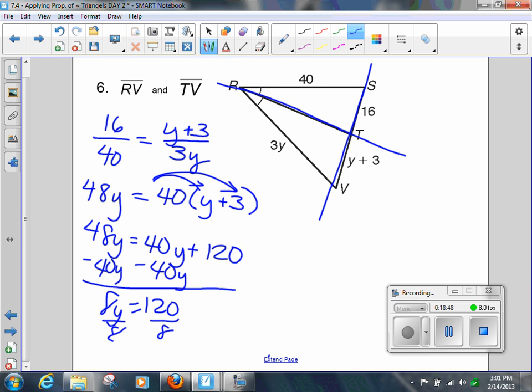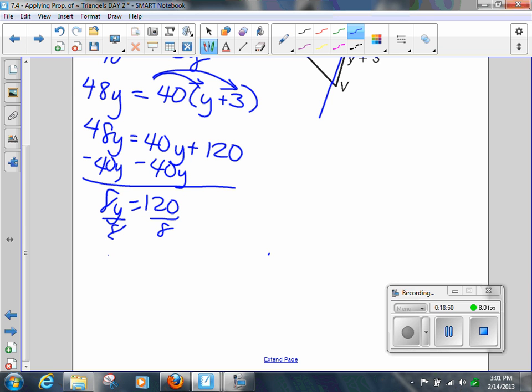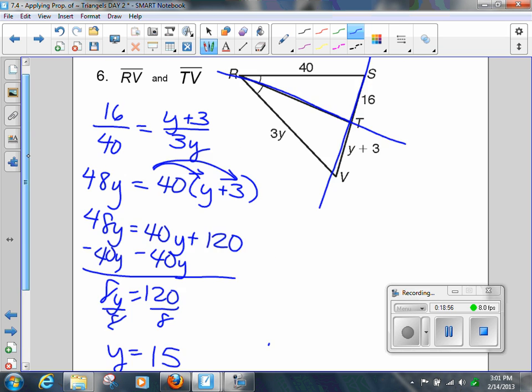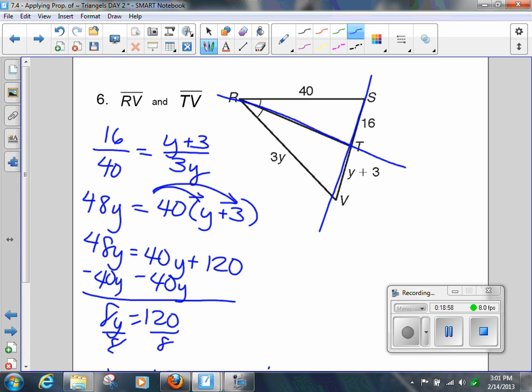Divide by 8, and what do you get? Y is equal to 15? Is that what you got, Joseph? Good. We done? Of course not. 3 times 15 is 45. And then 15 plus 3 is? How many of you got all of that right? Rock on, high five. Good.